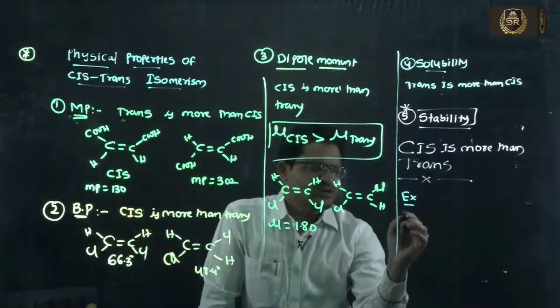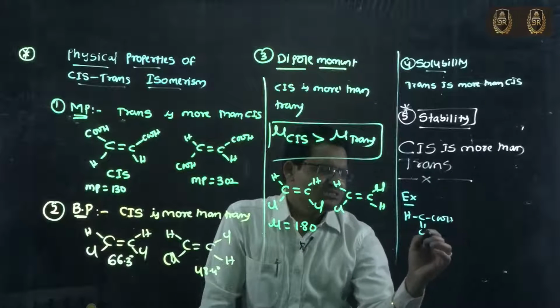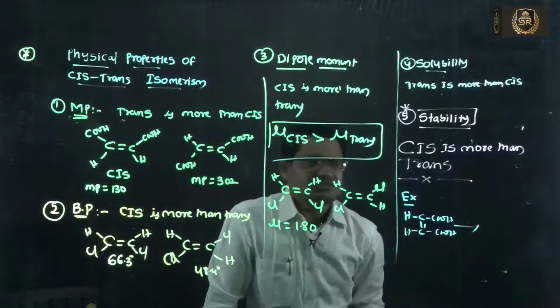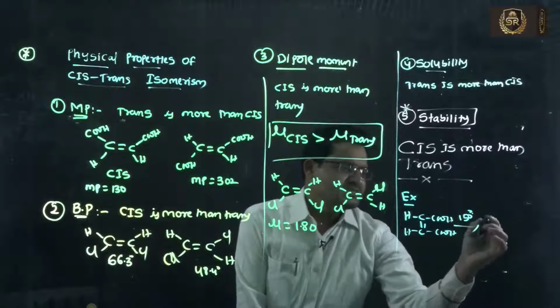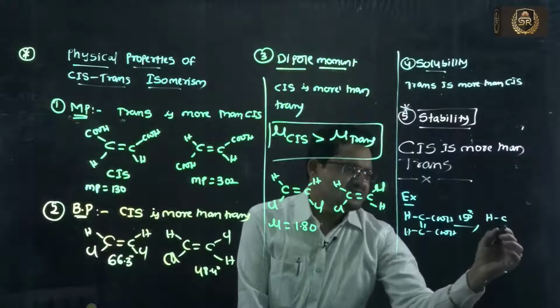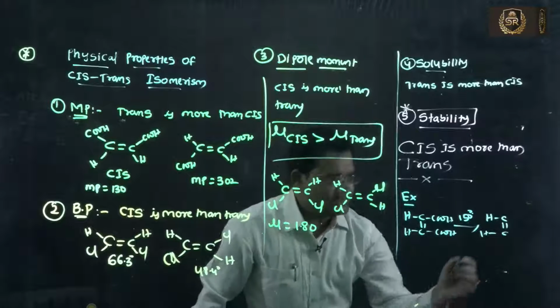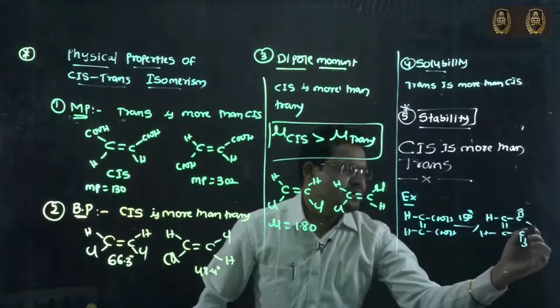For example, this is a cis compound, HC double bond C, this is COOH, this is COOH, this is H. In the presence of a certain temperature, like 150 degrees centigrade, this compound is formed: HC, C double bond O, C double bond O, oxygen.